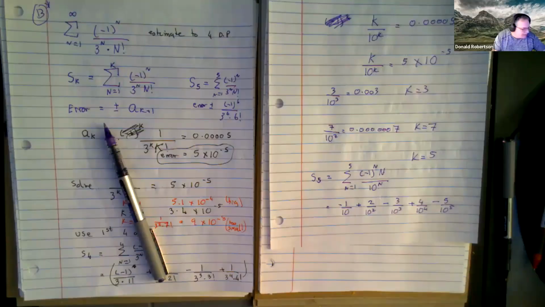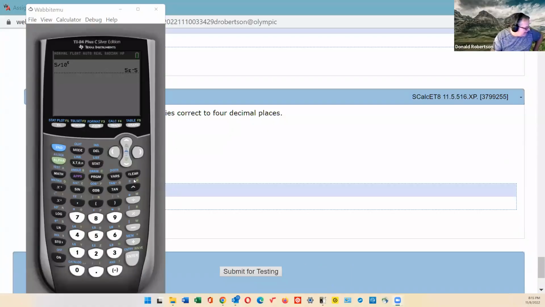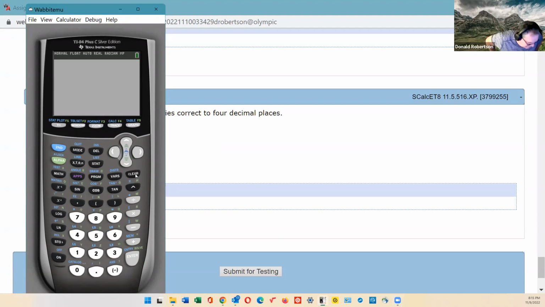Now, I might have to change my answer a tiny bit. 5 is a good guess, but maybe you need 6 just to be sure, because something on the borderline like that might come out a little bit weird. So there's the first guy, negative 1/10. And then I'm going to add 2 over 100, because it's easier to write it that way. That's 2 squared.